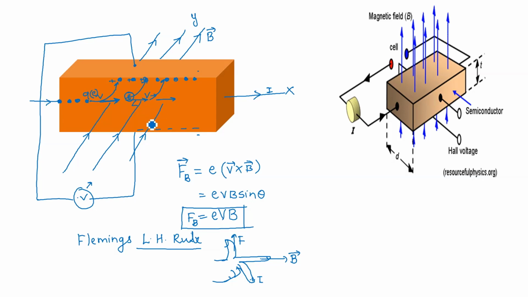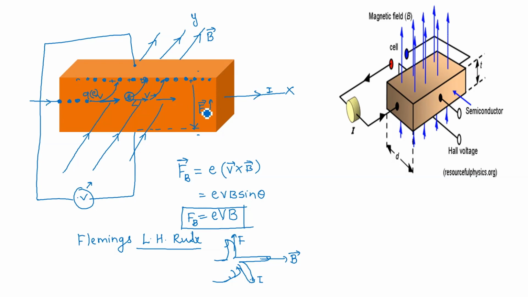and this is nothing but the Hall effect. Now, as the positive charges accumulate on the surface, an electric field is generated in this material, with direction from positive to negative. This electric field goes on increasing with the accumulation of charge on the top surface.